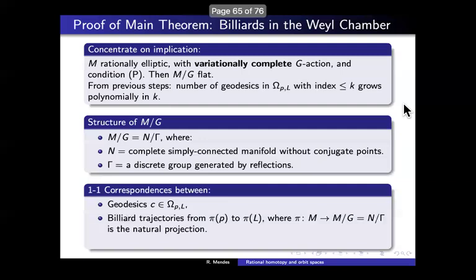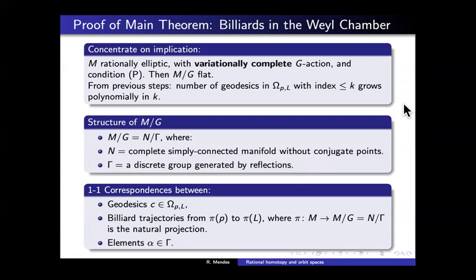Each geodesic is in one-to-one correspondence with a billiard trajectory between the images of those two points, the point P and the leaf L, the orbit L, in the quotient. The quotient is that good orbifold. It's a quotient by a reflection group, so it is just some Weyl chamber. And that's also in one-to-one correspondence with the elements of this discrete group gamma. So you have a one-to-one correspondence between all these things.